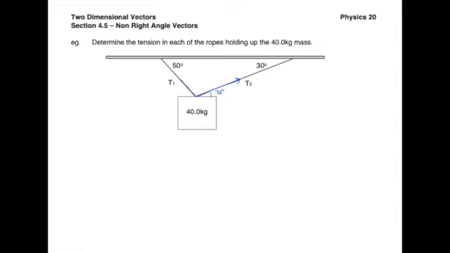I have a tension force along this T1, and again with those alternate interior angles, this is going to be a 50-degree angle, and make sure you know which direction the base of that vector is heading out from. And then of course I have my force of gravity, which in this case will just be 40 times g. I can add those up in any direction and then just make a triangle out of those.